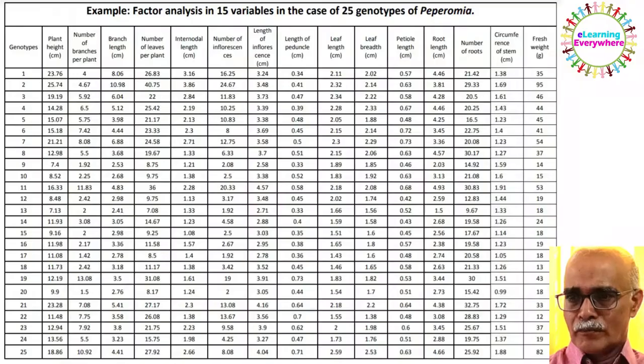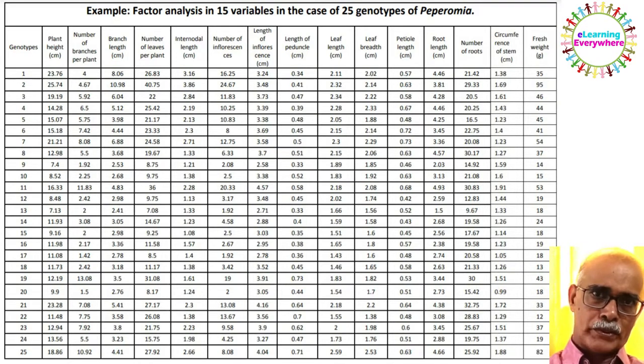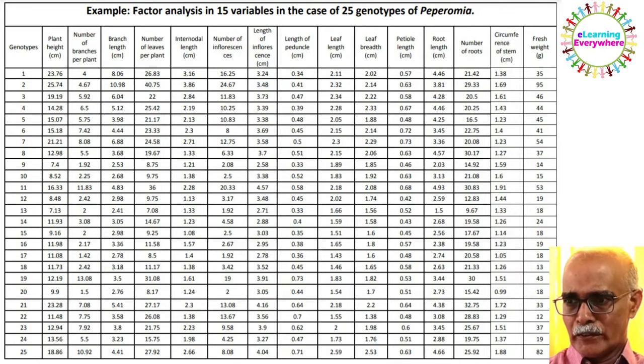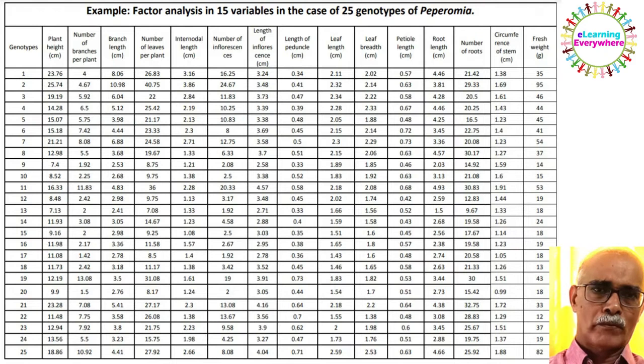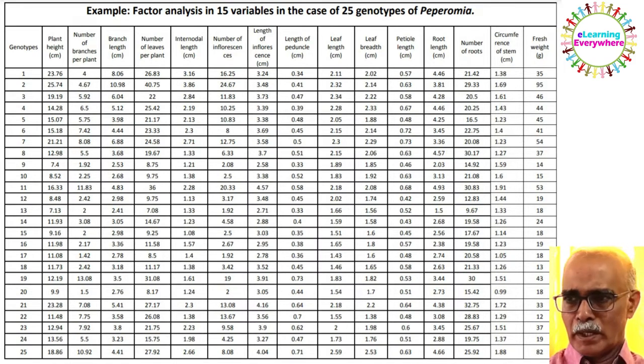Then you can see an example for factor analysis. Factor analysis in the case of 20 genotypes of peperomia based on 15 variables. You are given the serial numbers of the 20 genotypes on one side of the table and the 15 variables.